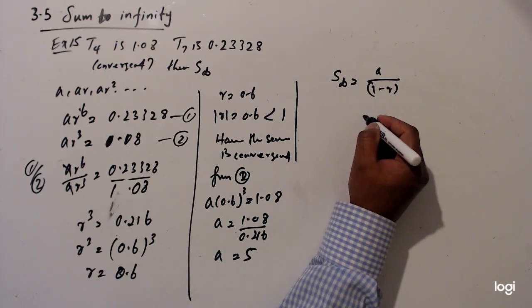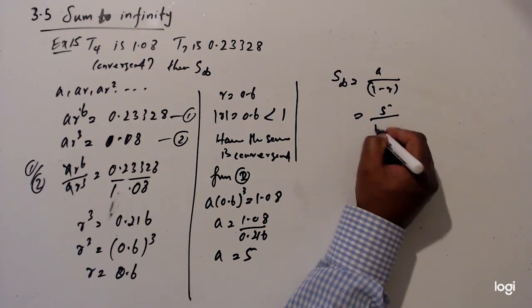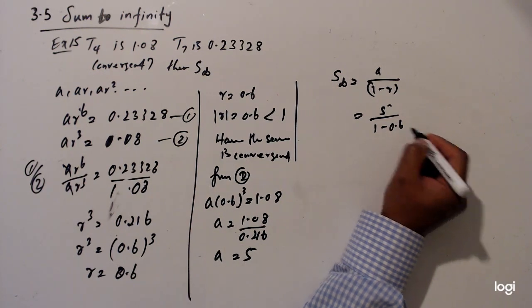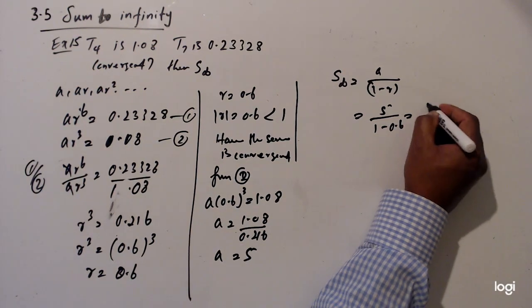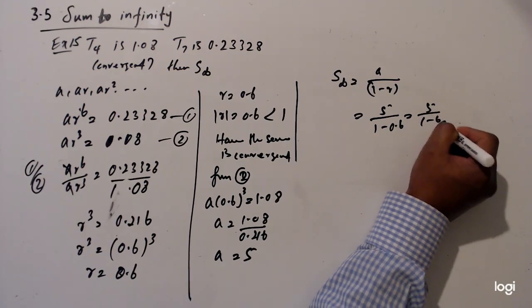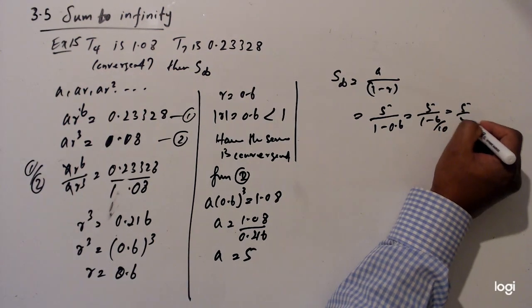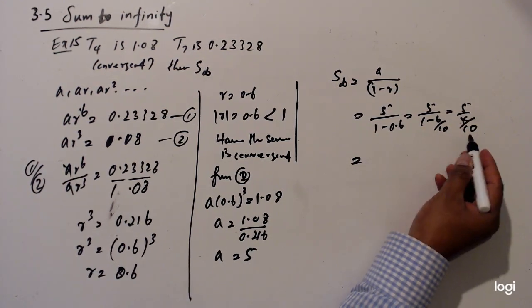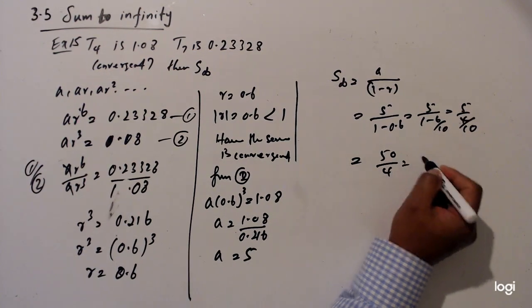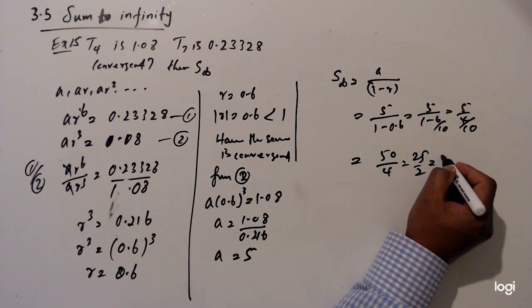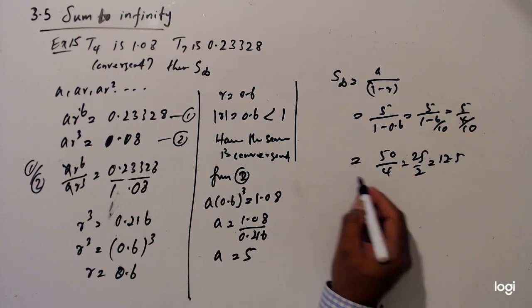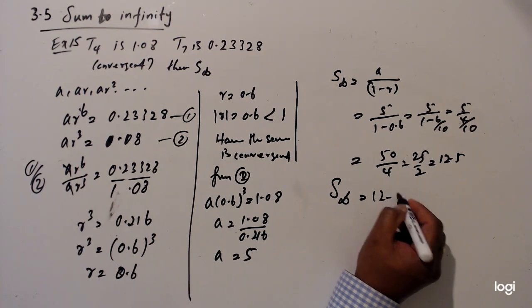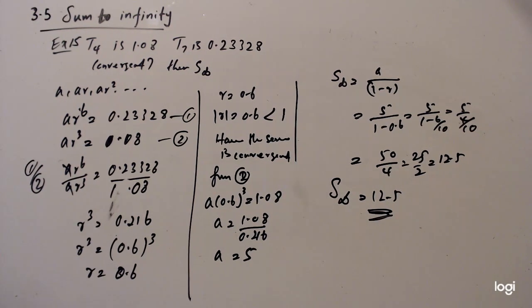Now a equals 5 and 1 minus 0.6 is 4 over 10, so 5 over 4 over 10 is 50 over 4, 25 over 2, which is 12.5. So S infinity is 12.5.